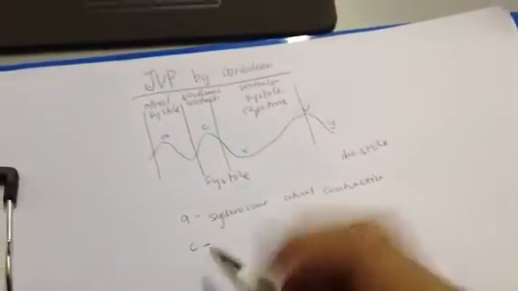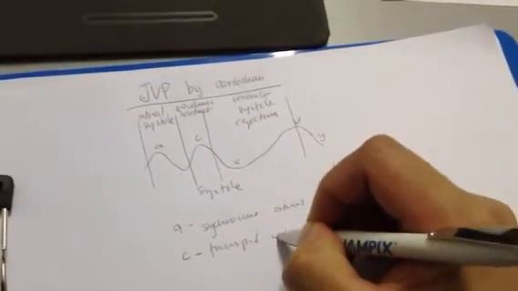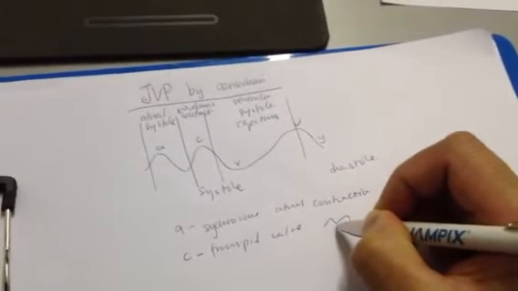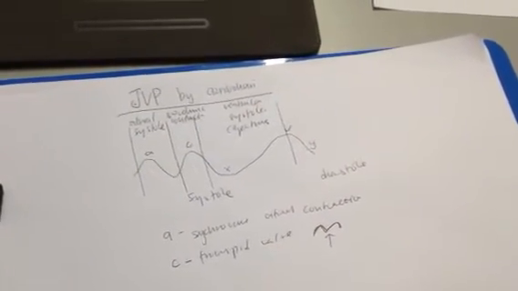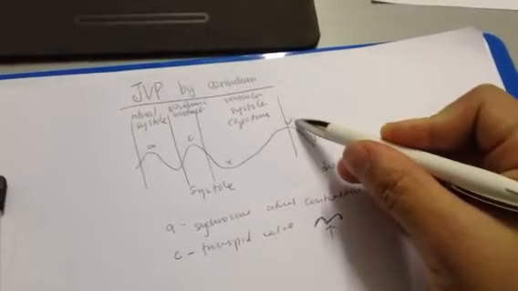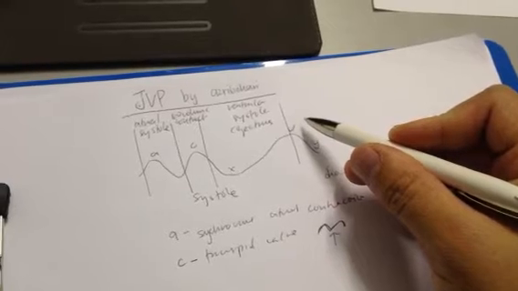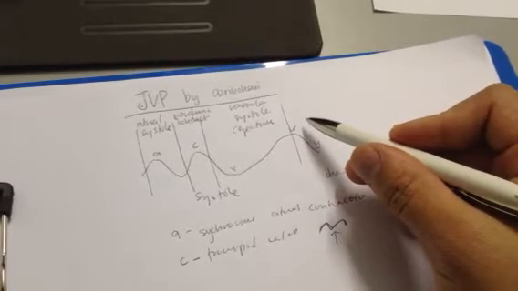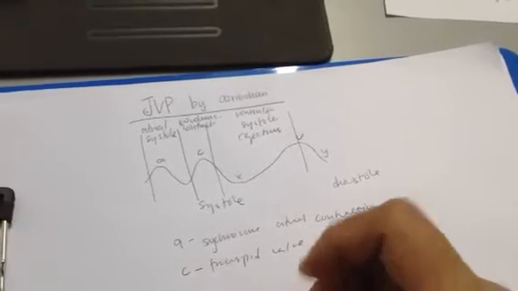Then you have the diastole. Okay, so C represents the tricuspid valve bulging like that. I mean, this is the leaflet, so it bulges. Then V represents the opening of the tricuspid valve.